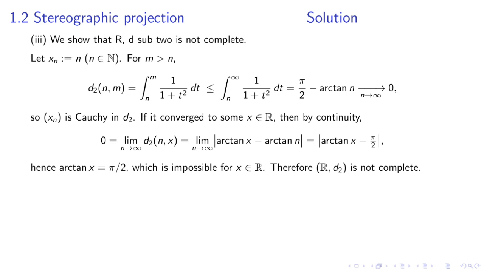Therefore, arctan x equals π over 2. However, there is no real number x whose arctan is exactly π over 2. Thus, we have a Cauchy sequence in R with respect to d₂ that does not converge in R. Therefore, the metric space (R, d₂) is not complete.